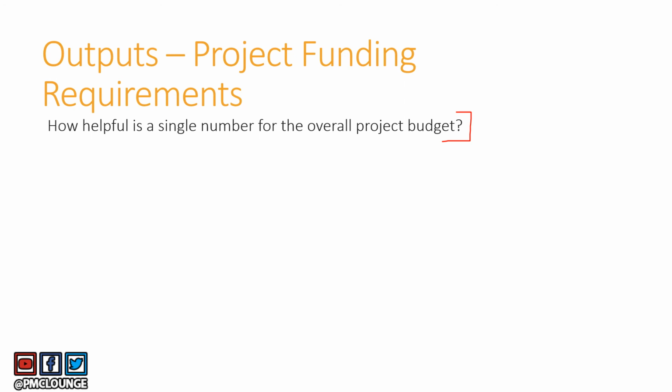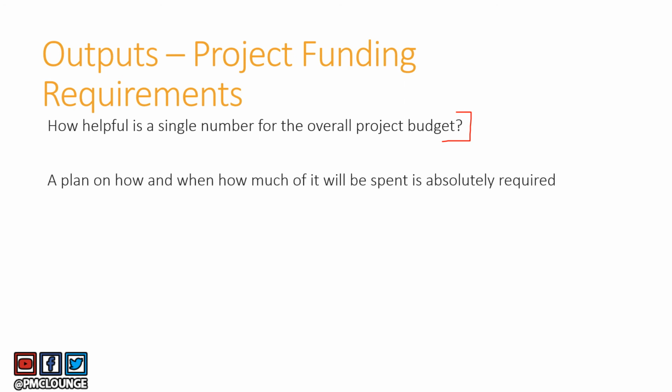But if that person who asked you what is the budget of your project is your immediate manager, he would need more information, right? He wouldn't be satisfied with knowing just a single number for the overall project budget. So a plan on how and when, these are important questions.